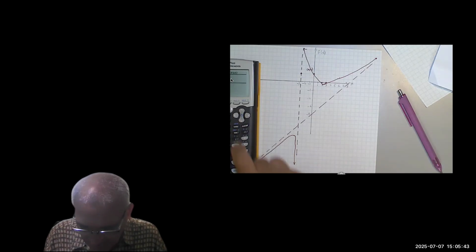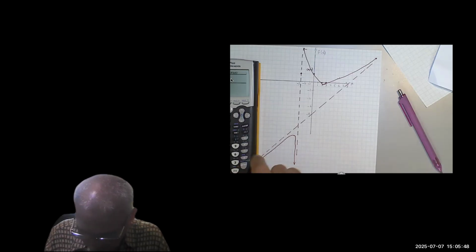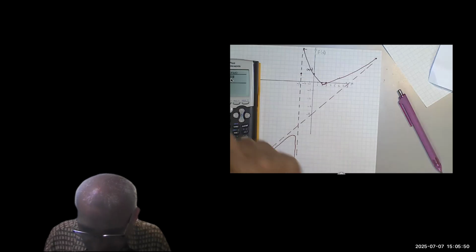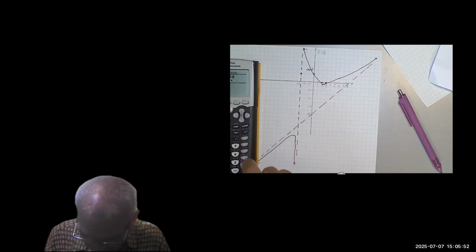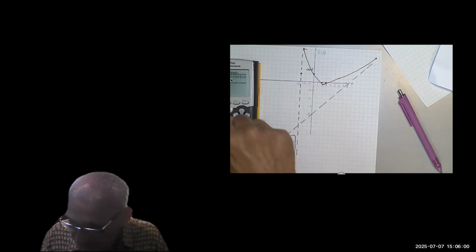Now let's clear this and say the numerator is x squared minus 5x plus 6 divided by x plus 3. Let's look at the window.